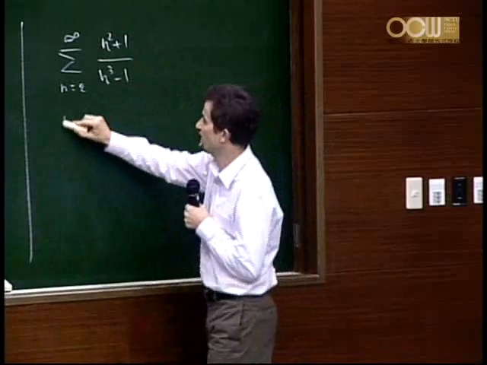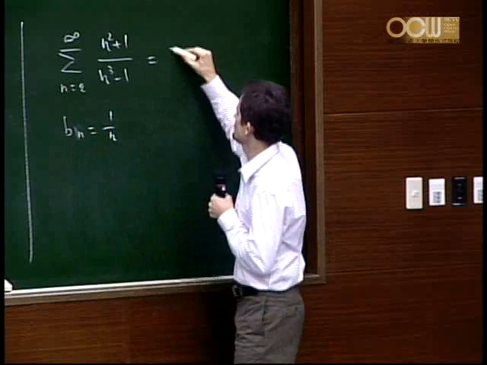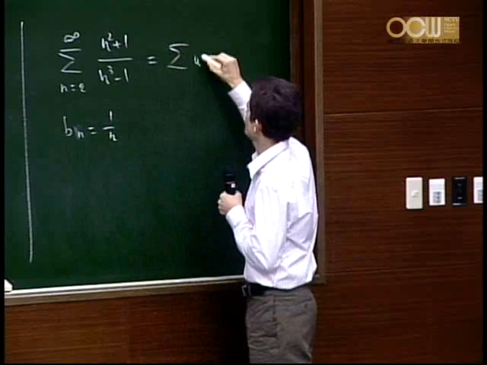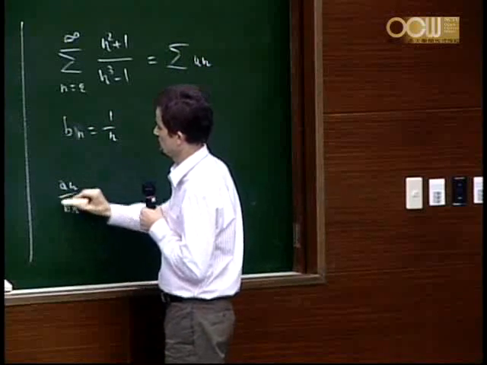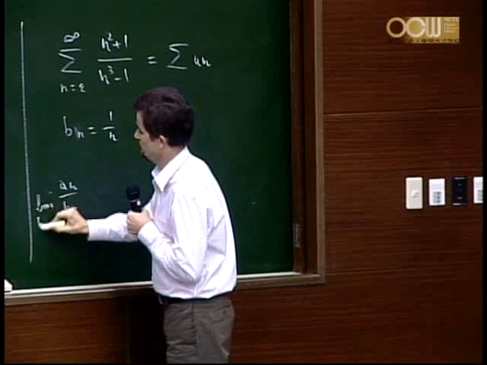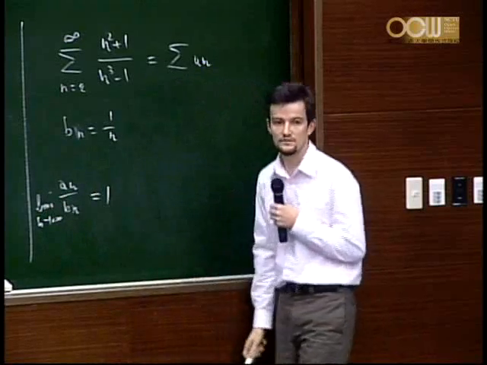So you will define bn as 1 over n, and this here is then the sum of the series over an, and you see that an over bn, if you take the limit as n tends to infinity, is equal to 1.